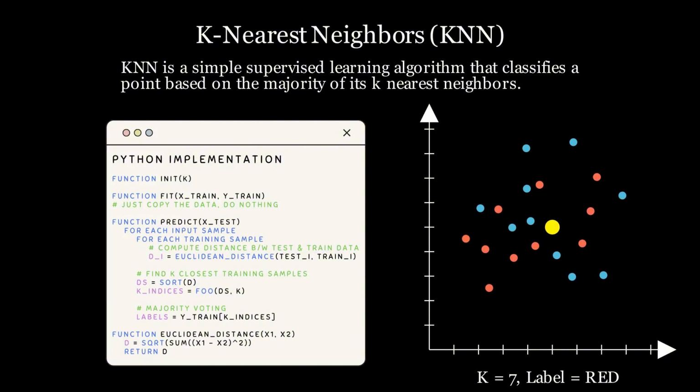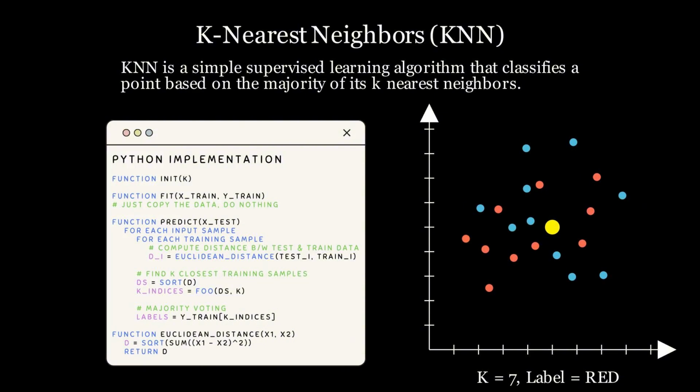Initially, you want to init the function by specifying k, and then you fit the data, which is essentially just copying the data into the class itself and nothing else. Then in predict, for each input sample of the testing data, you compute the distances with each of the training samples using some distance metric.